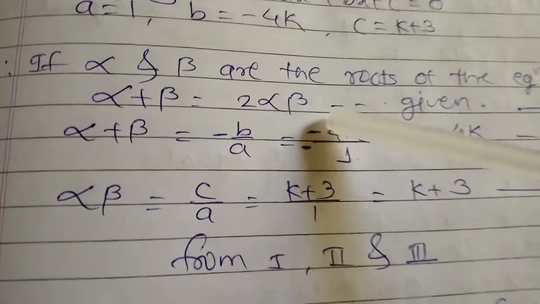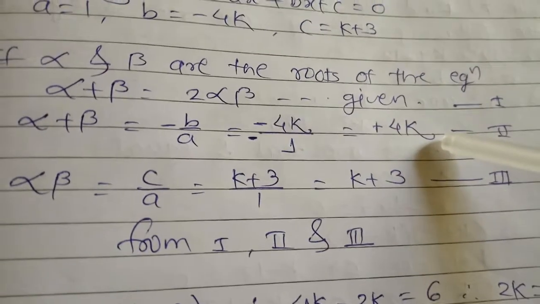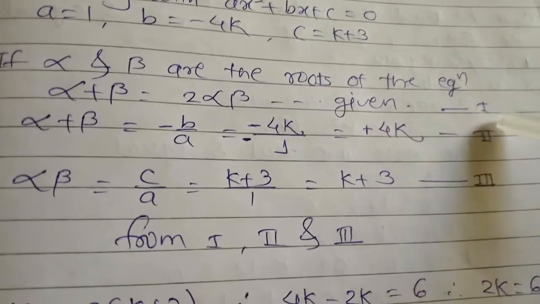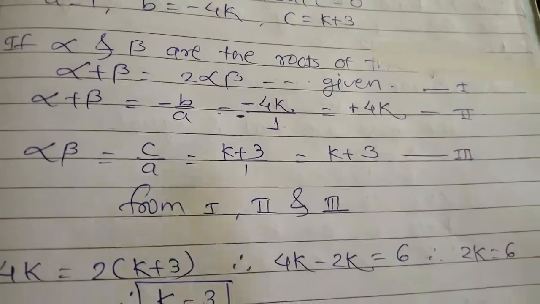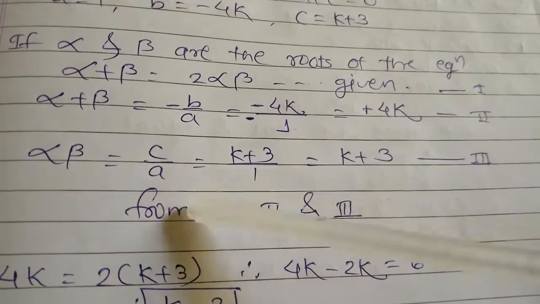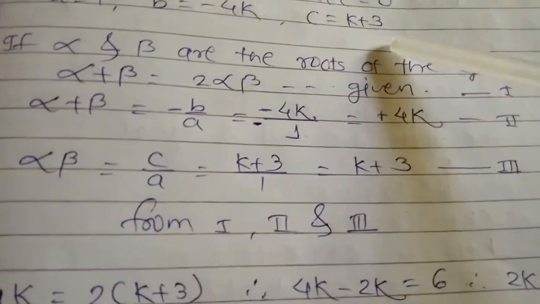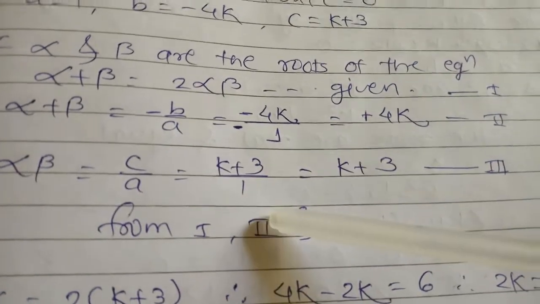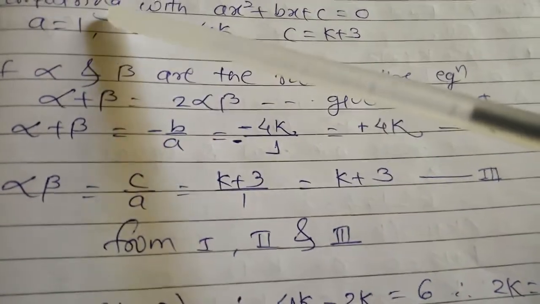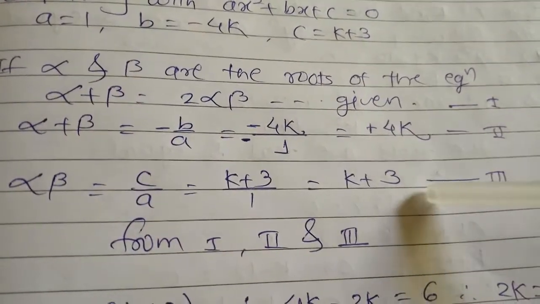Minus minus is plus, so we get the sum of the roots as 4k; we consider it as the second equation. And alpha into beta is c upon a. The value of c is k plus 3, and a is 1, so the value is k plus 3.